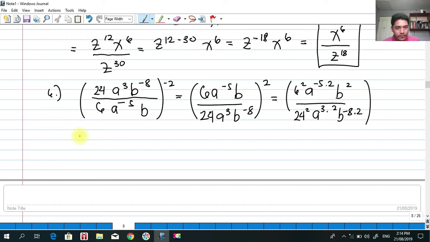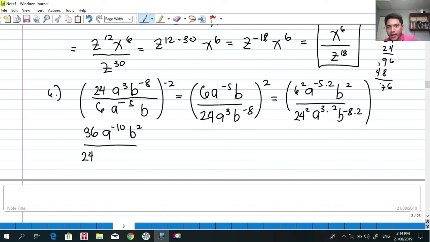So 6 squared, we have 36 a raised to negative 10 b squared over 24 squared. How much is 24 squared? 24 times 24, we have 96, then 48, so 576, if I'm not mistaken. So that's 24 squared. I think we're correct. 576.